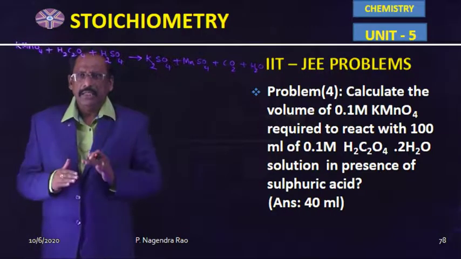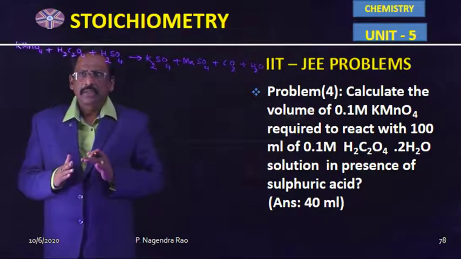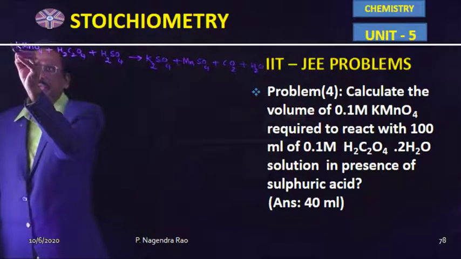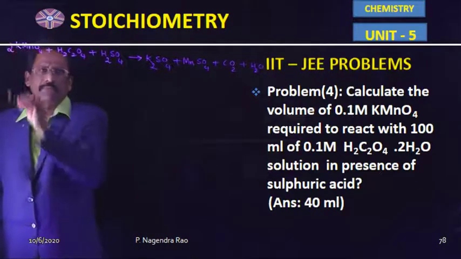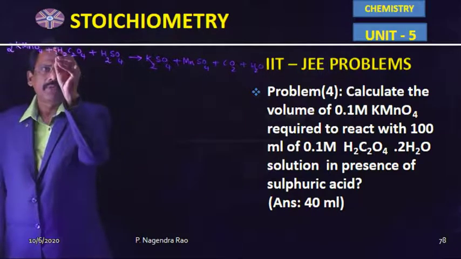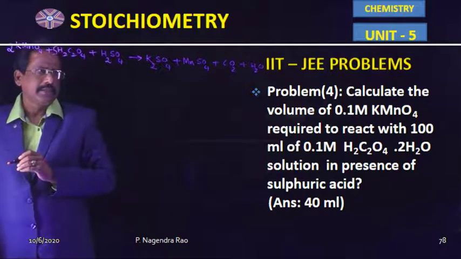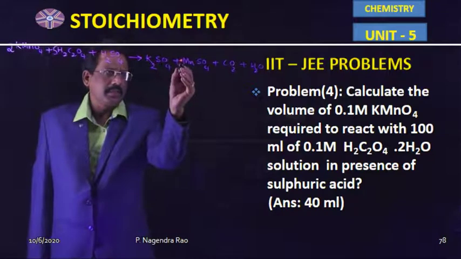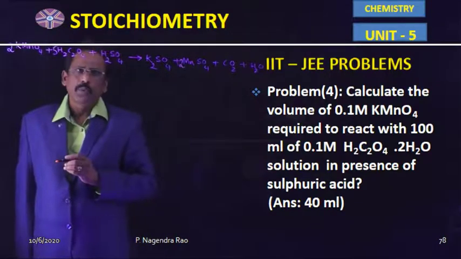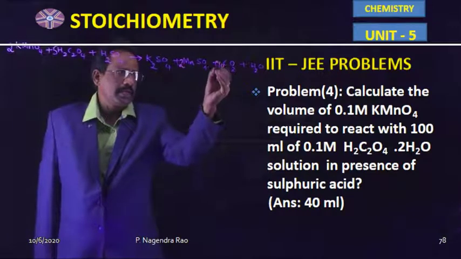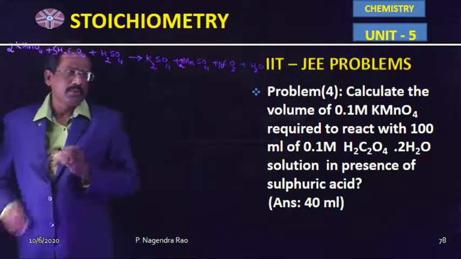First, balance the atoms on both the reactant side and product side. Here 2 moles of KMnO4 react with 5 moles of oxalic acid. Now, to balance the manganese atoms, it is multiplied by 2, and to balance the carbon atoms, the number of moles of CO2 is equal to 10.